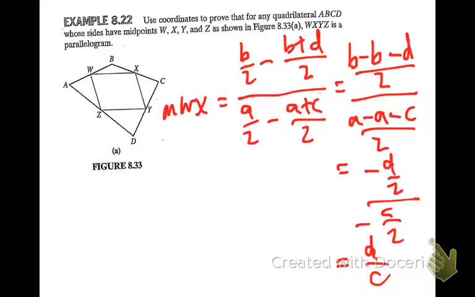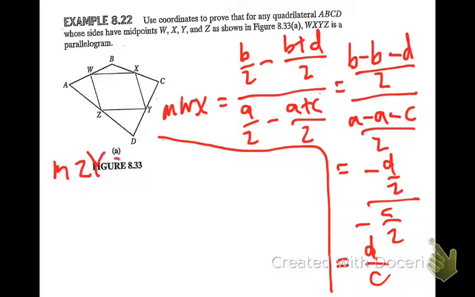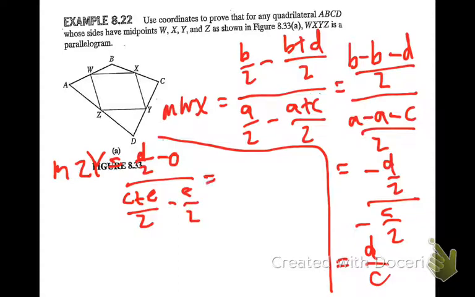Now we do the slope of ZY. Slope of ZY is going to equal D over 2 minus 0 over C plus E over 2 minus E over 2. So that equals D over 2 over C plus E minus E over 2.